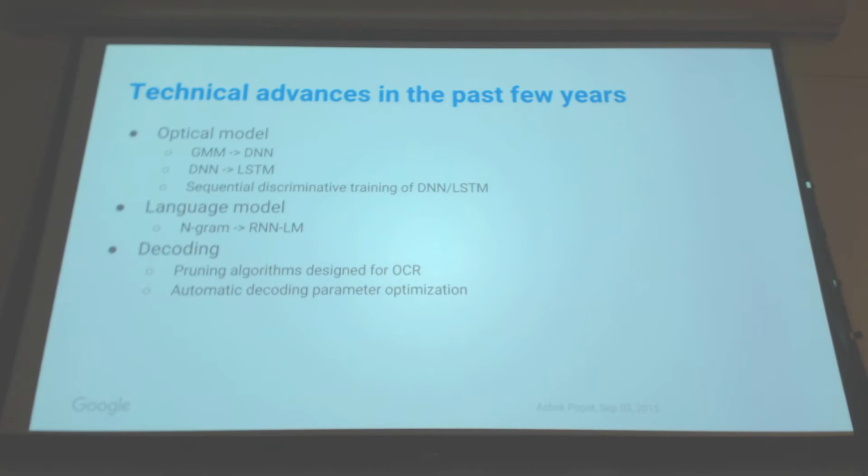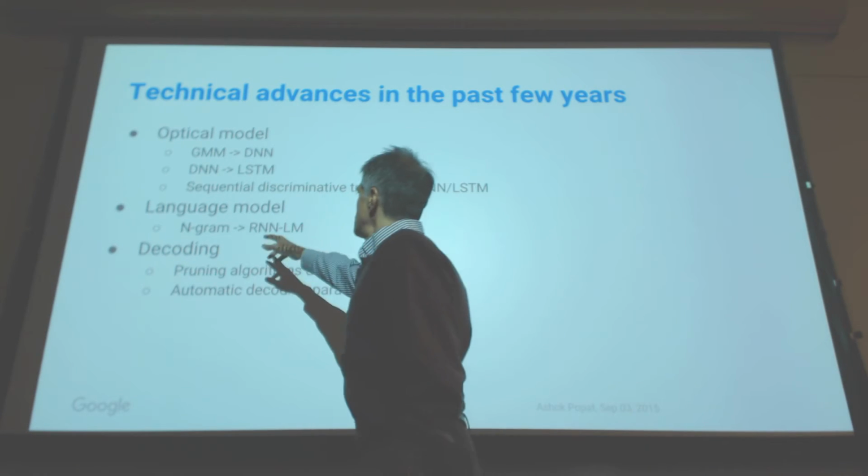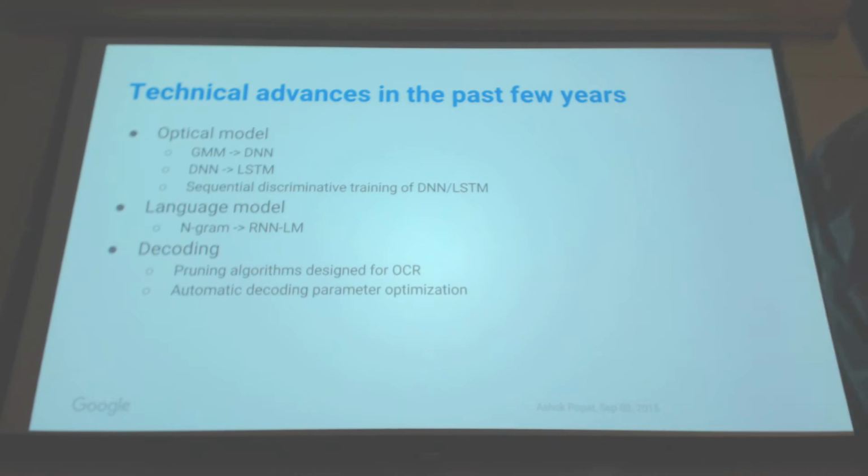And different ways of training, sequential discriminative training, which is used in some speech systems. Instead of statistical n-grams, we're looking at recurrent neural net language models now internally. And if you want to look at some details, look up my colleague Yasuhisa Fujii, with two I's at the end, F-U-J-I-I. I think he had a paper in this last ICDAR that just finished last week in France.